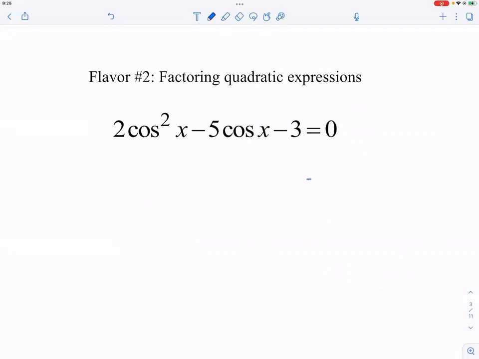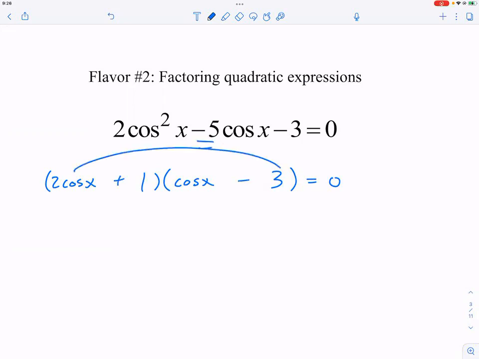And as I said in class, I hope you don't need to use dummy variables in this case. So 2 cosine x times cosine x will give you 2 cosine square x. And then you got 3 and 1. So it seems like this would give you a -5, because when you do the outside, you get -6 cosine x.